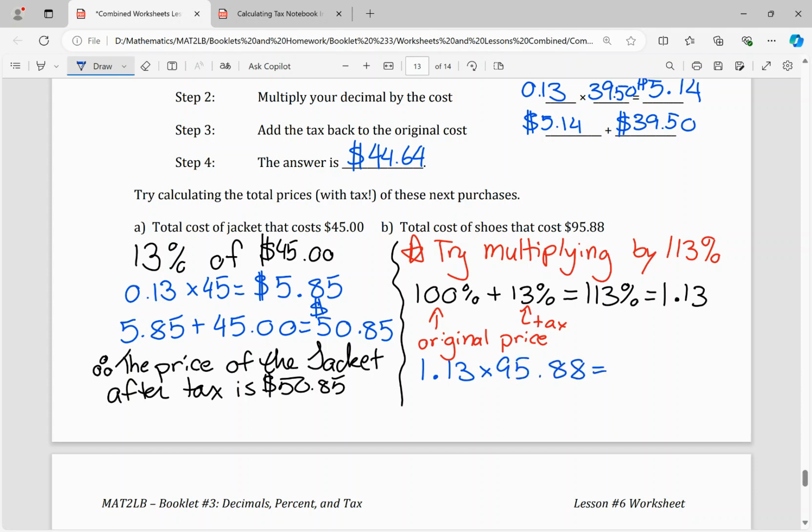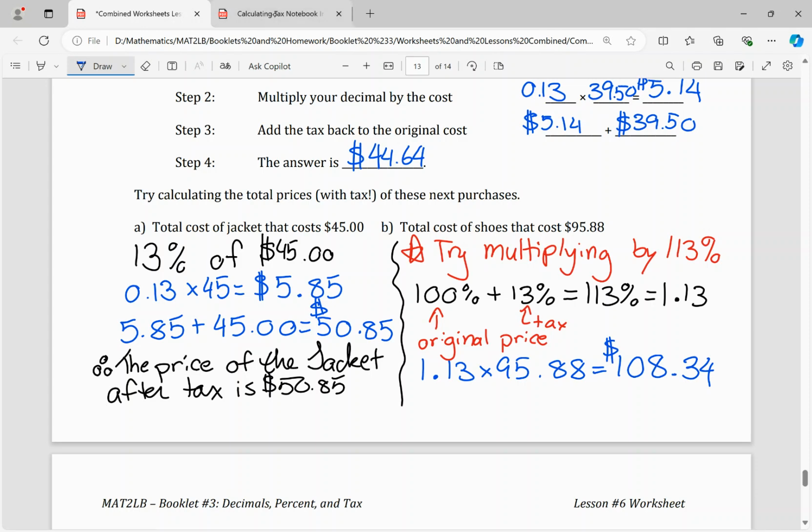Give me a second to plug this into my calculator. This is equal to 108.34, and I've already rounded that number for you. So if you're using this second method, you only need one step. Multiply the price by 113%, or 1.13, and you have your new price with tax.